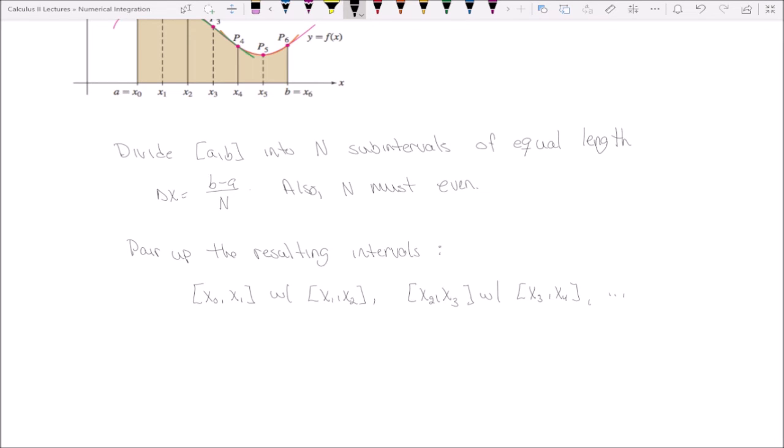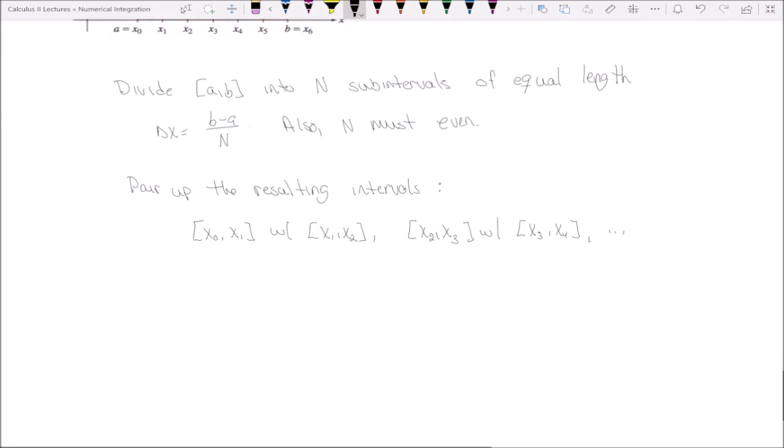Now, for each pair of intervals, we want to find a parabola that passes through the 3 points on the curve above the endpoints and the midpoint of the 2 intervals. Then we will take the sum of the areas under the parabolas as an approximation to the area under the curve.